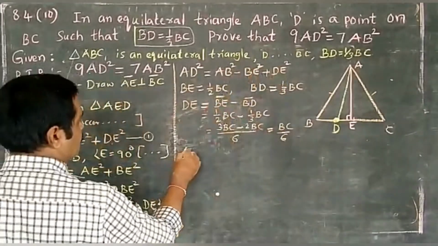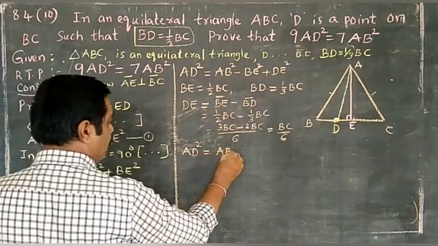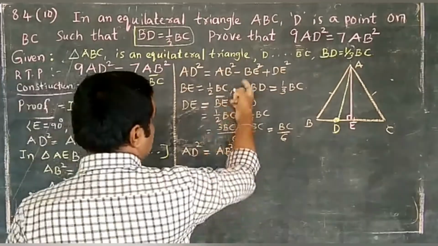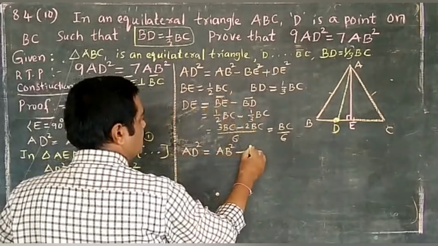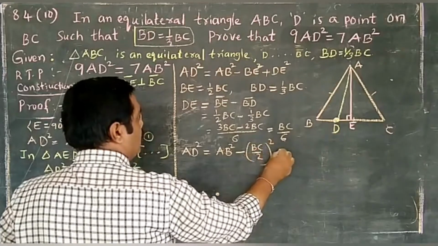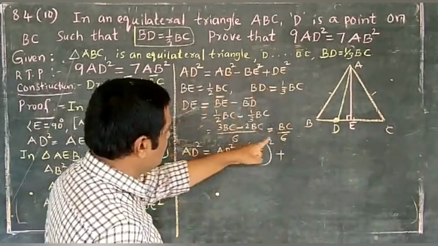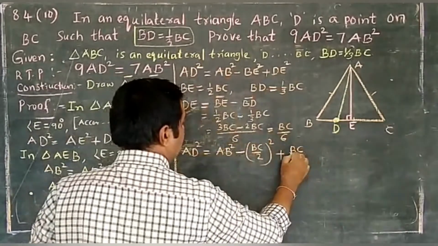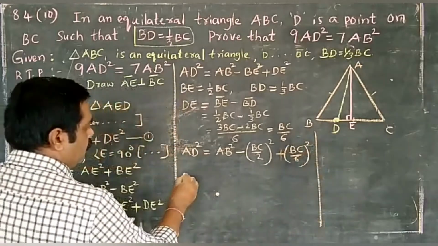Now convert it. AD square is equal to AB square minus BE, instead of BE we write BC by 2 whole square, plus DE, instead of DE we write BC by 6 whole square. Then what we get now?